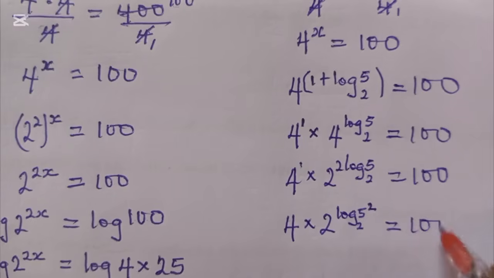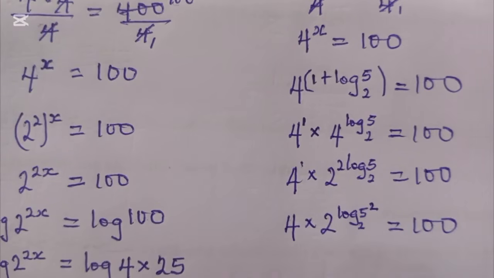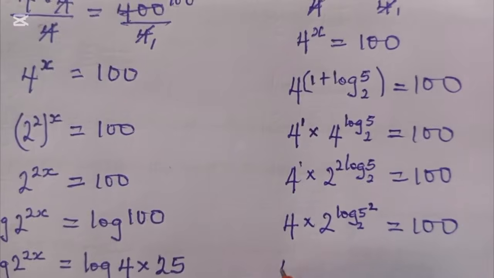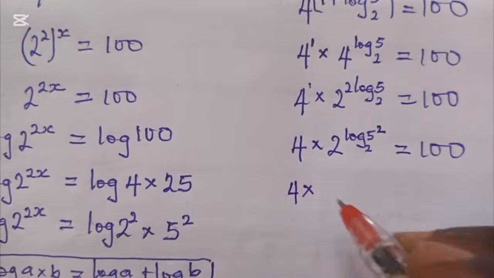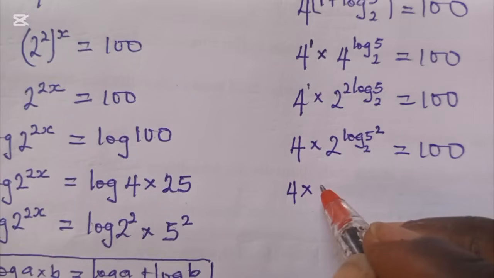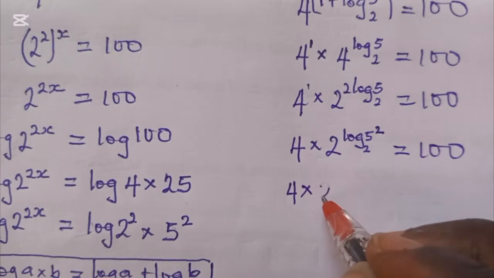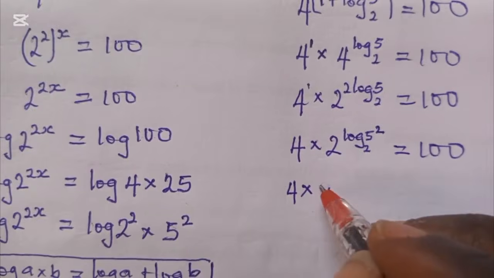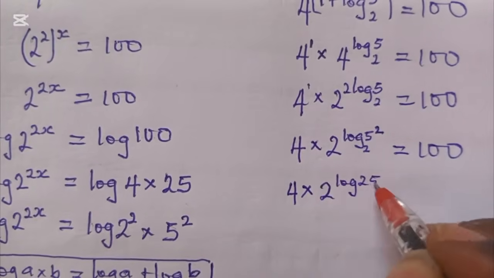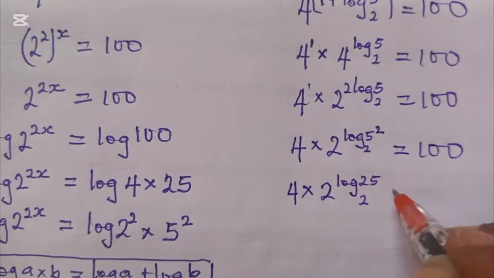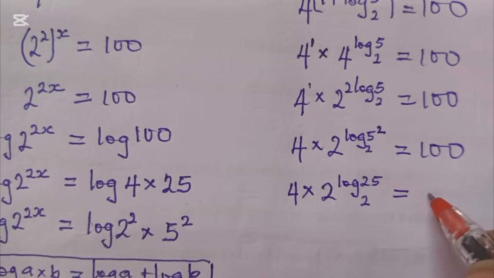Which gives us 4 times 2 raised to the power of log 25 base 2 equals 100.